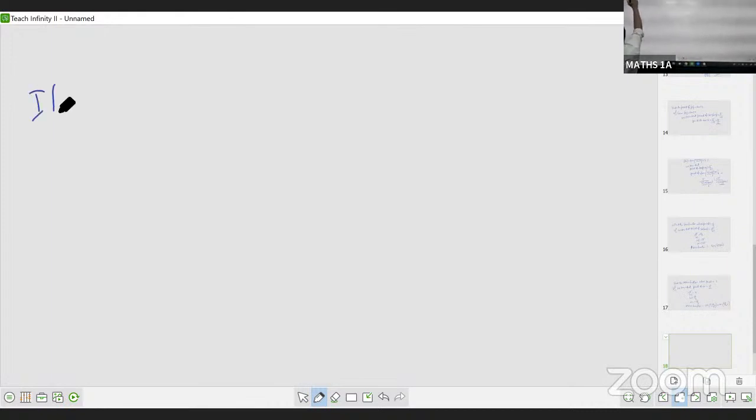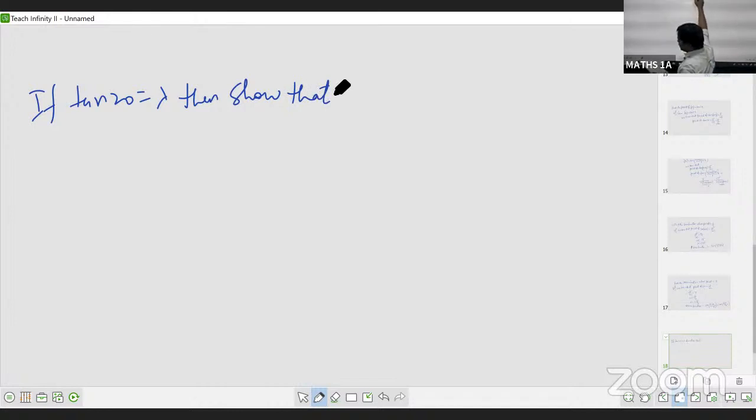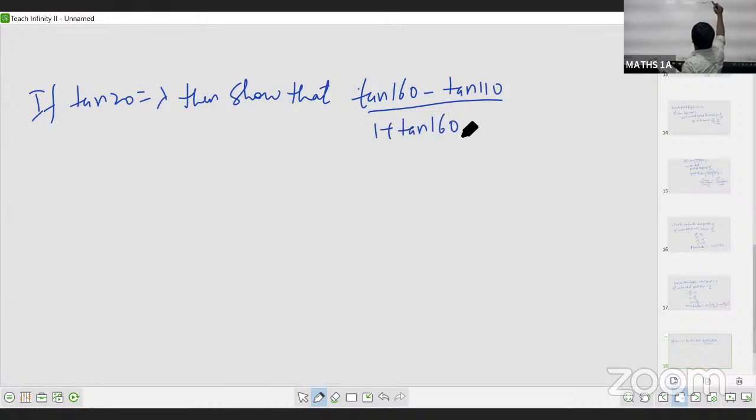Next, if tan 20 is equal to lambda, then show that tan 160 minus tan 110 divided by 1 plus tan 160 tan 110 is 1 minus lambda square by 2 lambda.